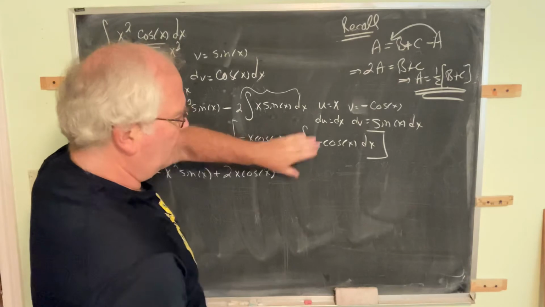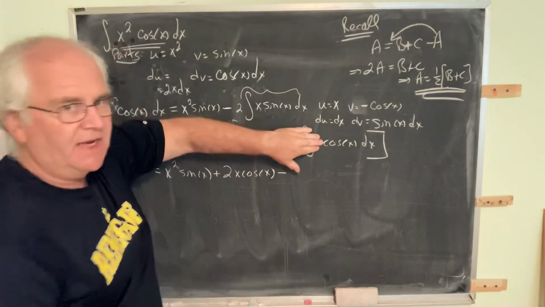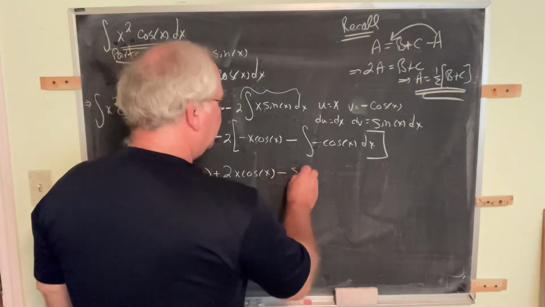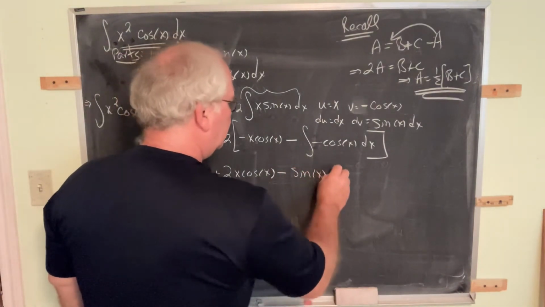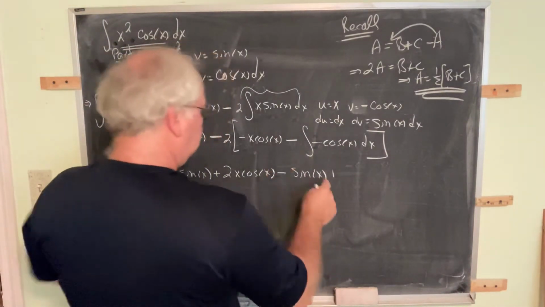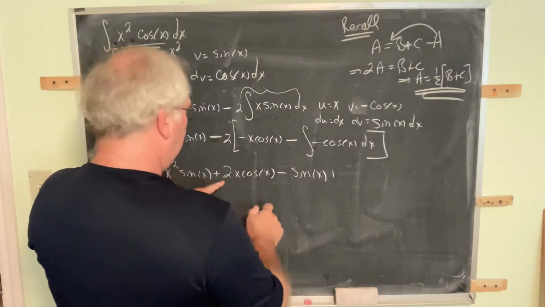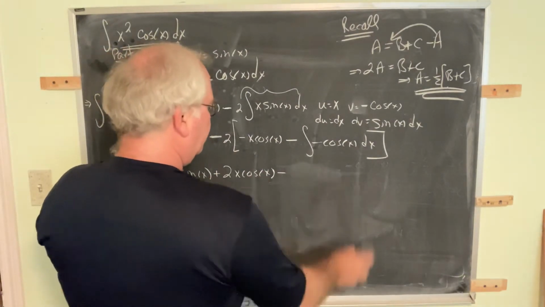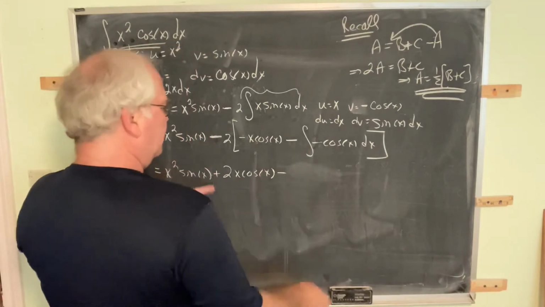Now, taking care of all the negative signs, what's the antiderivative of cosine? Yes, the integral of cosine is sine. And we've distributed the 2. I better be careful here. I have to distribute the negative, but also the 2.